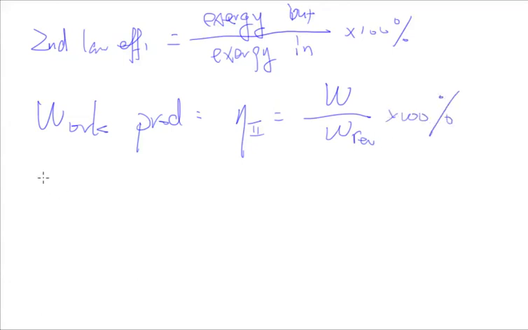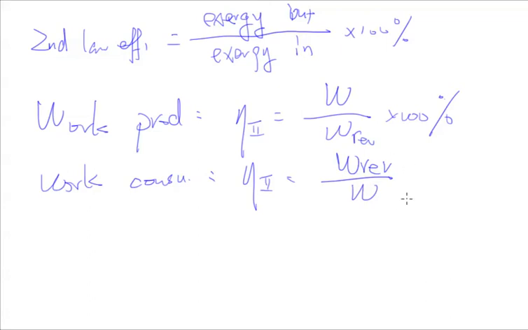And for a work consuming device, second law efficiency is defined as the supply of work during a reversible process over the supply of work during the actual process.